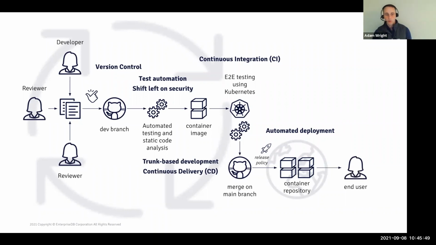These repositories have their own container scanning tools. If there is a vulnerability, a CVE, in those images, then you would see a report on those, even in those web interfaces. And then you have the SHA-256 hash that you could compare, as an end user, to the image that EDB pushed to that container repository.